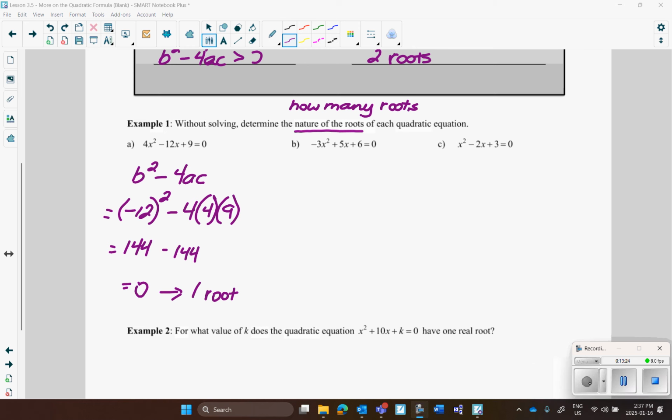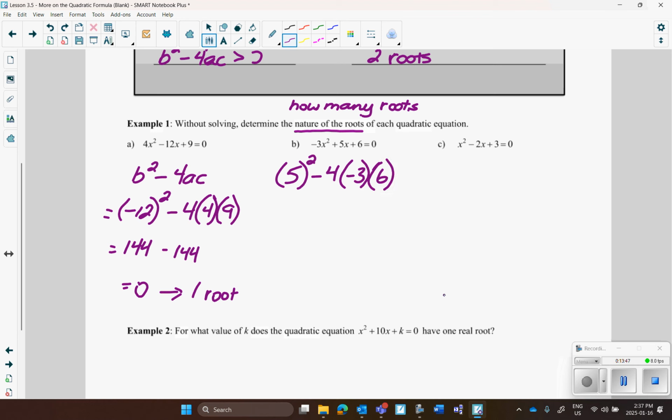Okay, so for this one, we would get 5 squared, and you can put parentheses for 5, that's fine. Minus 4 times negative 3 times positive 6.